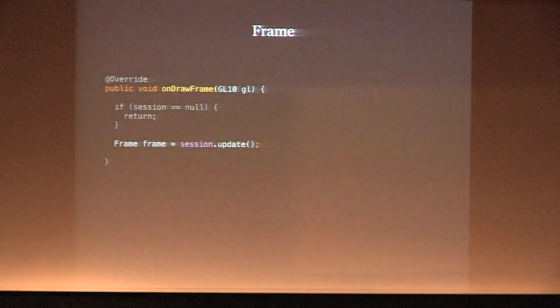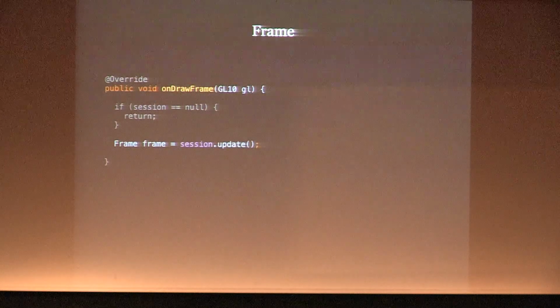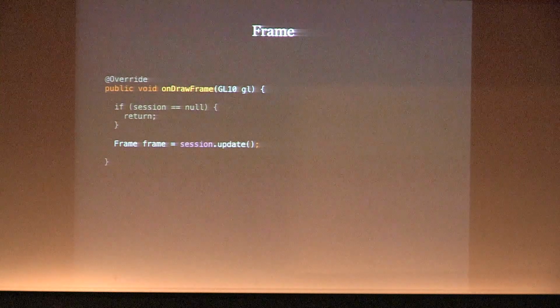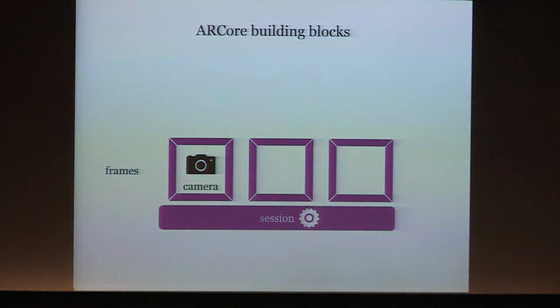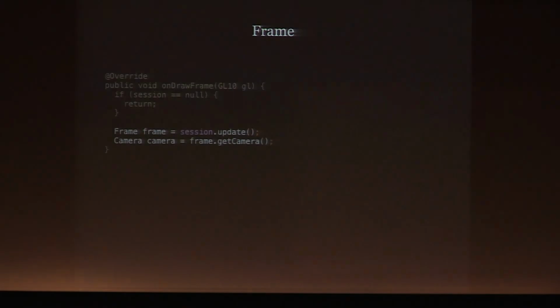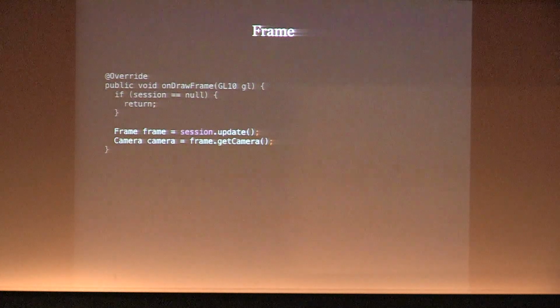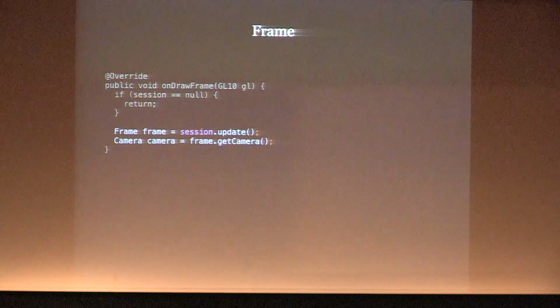So let's see how we actually get an instance of our frame. It's from a session. We're invoking a method update on a session, and we get an instance of our frame. And what is that useful and valuable information that we can retrieve from a frame? It's a camera. And if we look at the code, it's pretty developer-friendly, a very nice and easy API: invoking a method get camera on the frame, and you will get an instance of your camera.